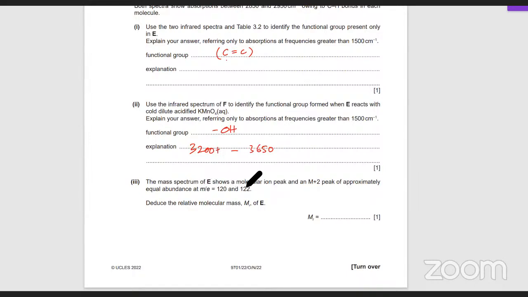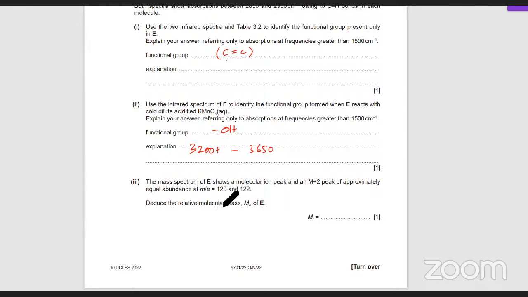The mass spectrum of E shows a molecular ion peak. अब यहाँ पे वो आ गया है molecular ion peak, M+2 peak. So it says that there's a molecular ion peak and an M+2 peak of approximately equal abundance, 120 and 122.